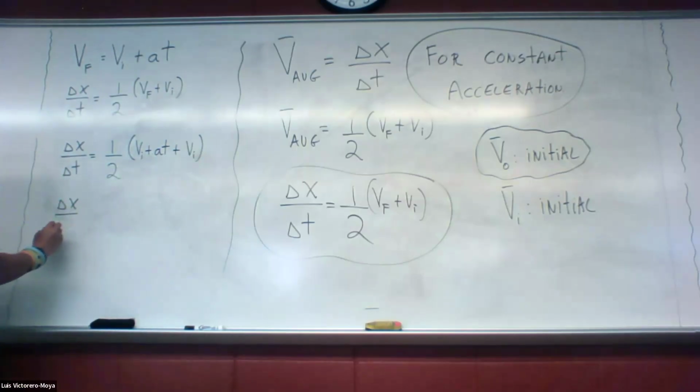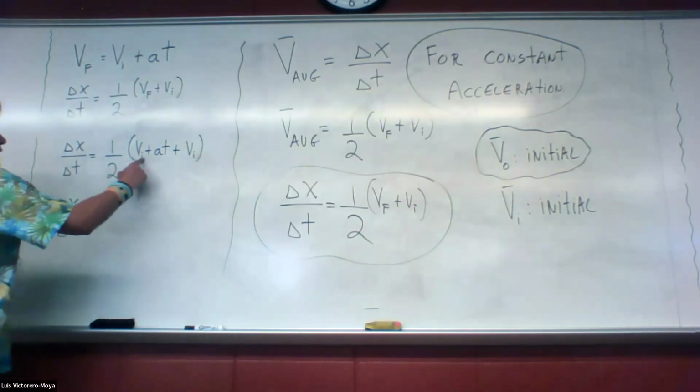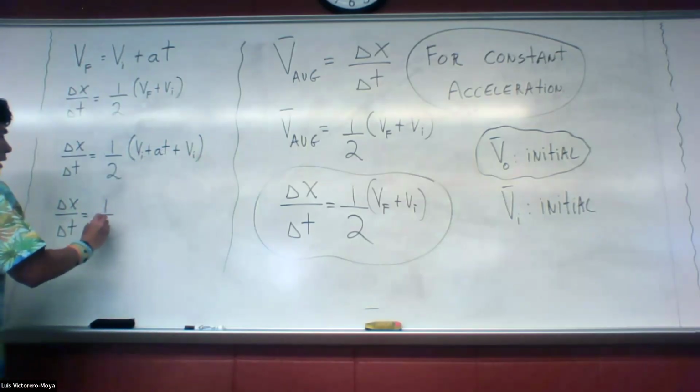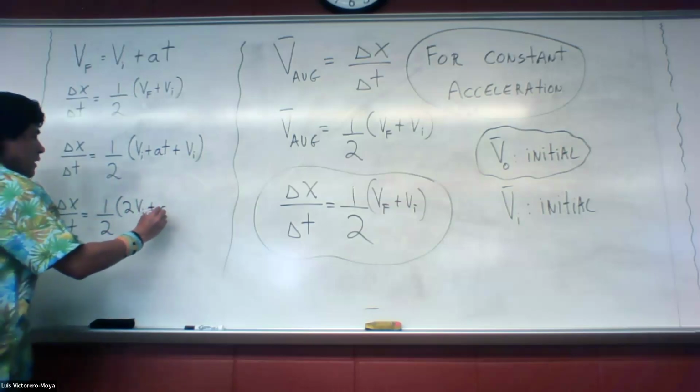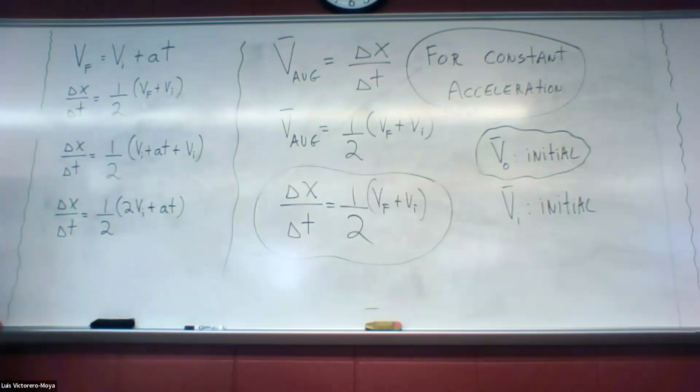Delta x over delta t, v initial, one half times 2 v initial plus at. All right, so I can multiply here and look what I get.